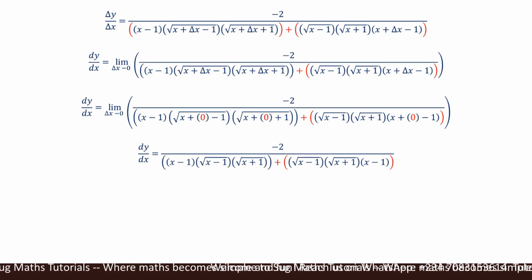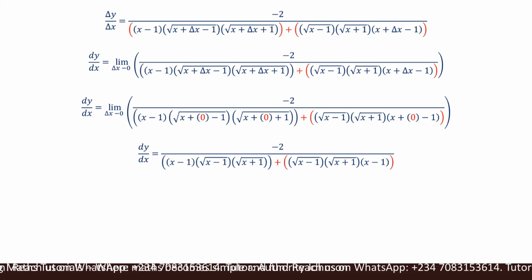Now simplifying, we are going to have dy all over dx is equal to minus 2 all over. We are going to have x minus 1 in bracket, square root of x minus 1 in bracket, square root of x plus 1 in bracket, plus square root of x plus 1 in bracket, square root of x minus 1 in bracket, x minus 1 in bracket. Now look at this. In the denominator, these three terms are the same.